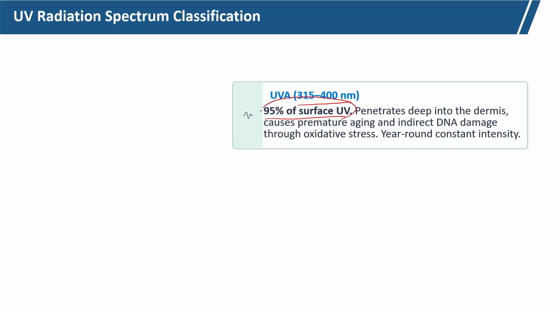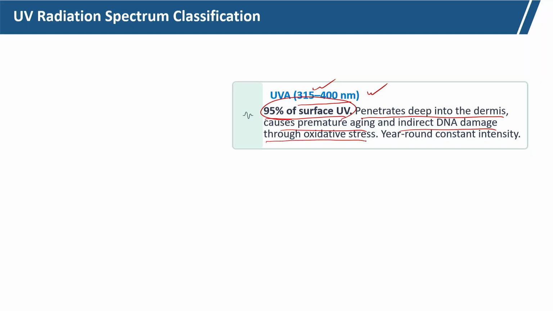Here the majority of the UV is UVA, and it is long wavelength. It penetrates deep into the dermis in the skin and causes tanning, premature aging and indirect DNA damage.